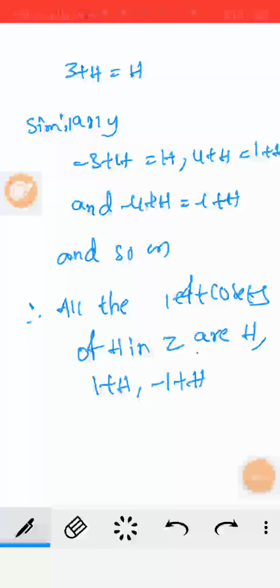Next theorem, Lagrange's theorem, very important theorem.